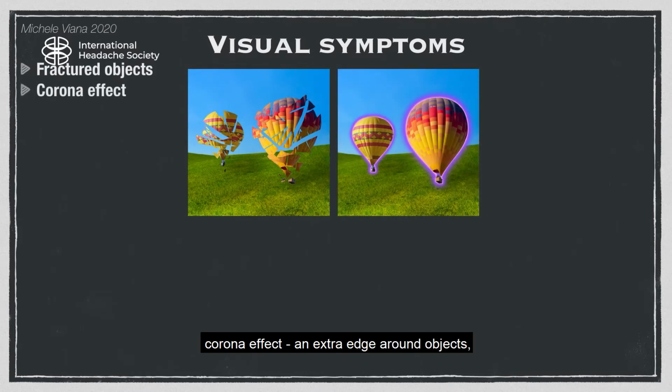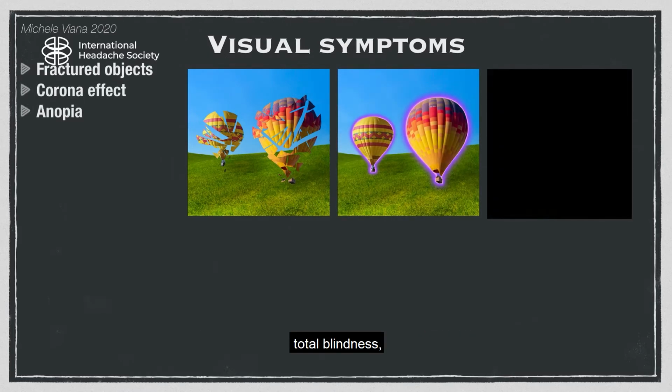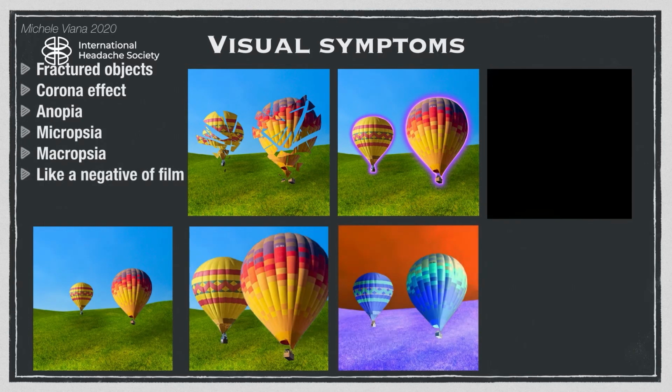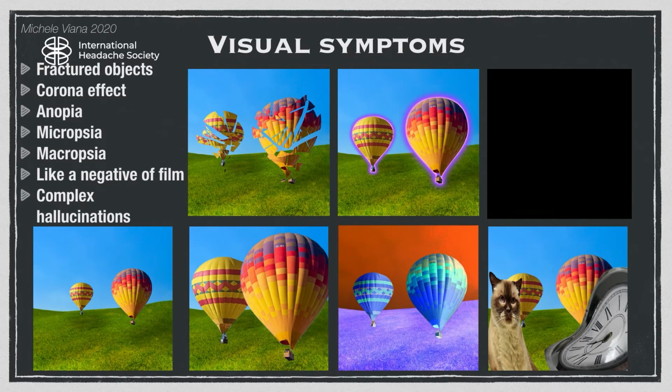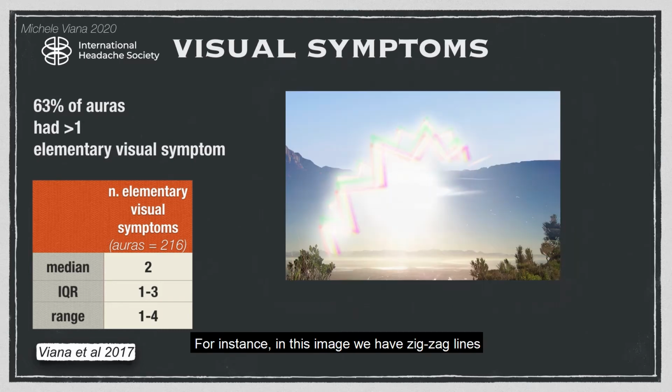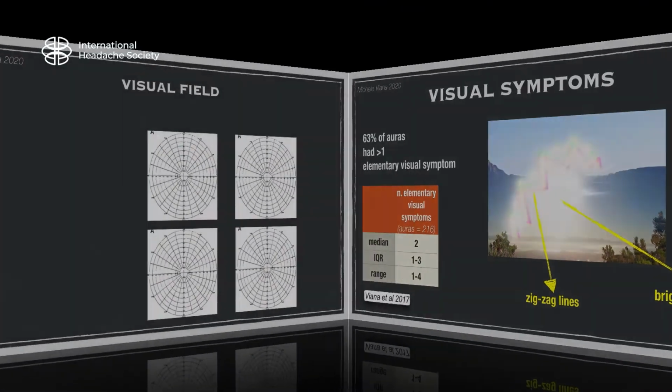Fractured object, corona effect, an extra edge around objects, total blindness, micropsia, macropsia, like a negative film, and complex hallucinations. Most auras include more than one visual symptom. For instance, in this image, we have zigzag lines and bright light.